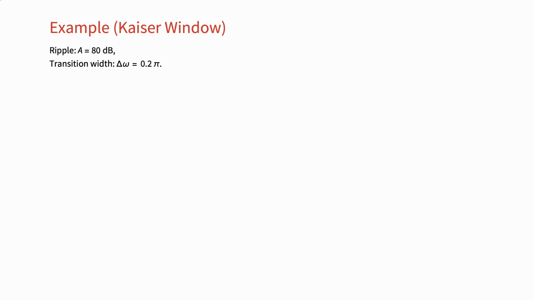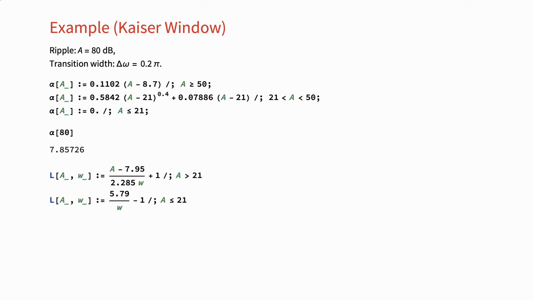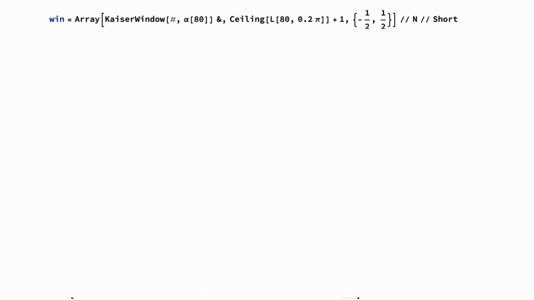Let's calculate the Kaiser window for a desired ripple of 80 dB and a transition width equal to 0.2 pi. Defining the shape parameter, we can find its value at 80 dB, and also for the length using the formula, we get an odd length Kaiser window of length 53, which can be obtained using the Wolfram language as shown here.